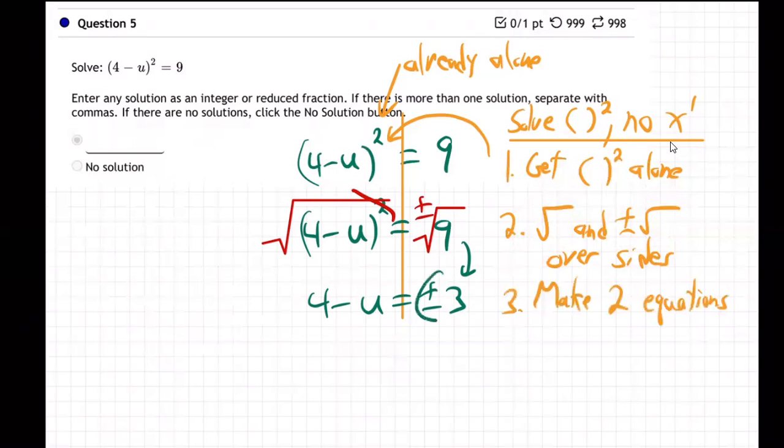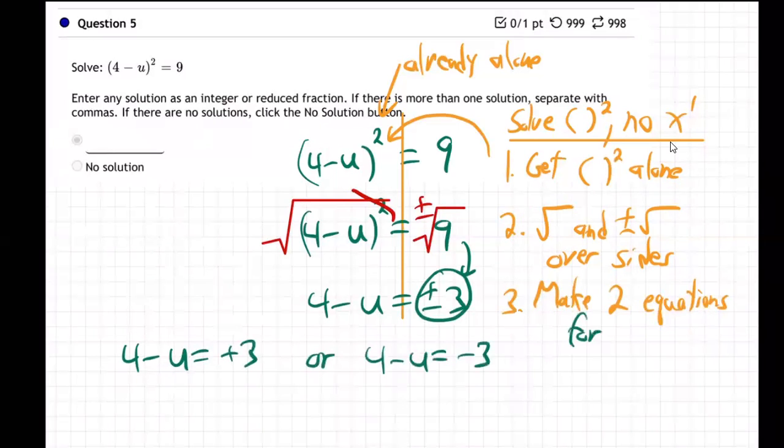We have plus and we have minus. So we're going to have 4 - u = +3, or 4 - u = -3. We have 2 separate equations for the plus and the minus, right? Everybody with me? Let me put that back in the right color.